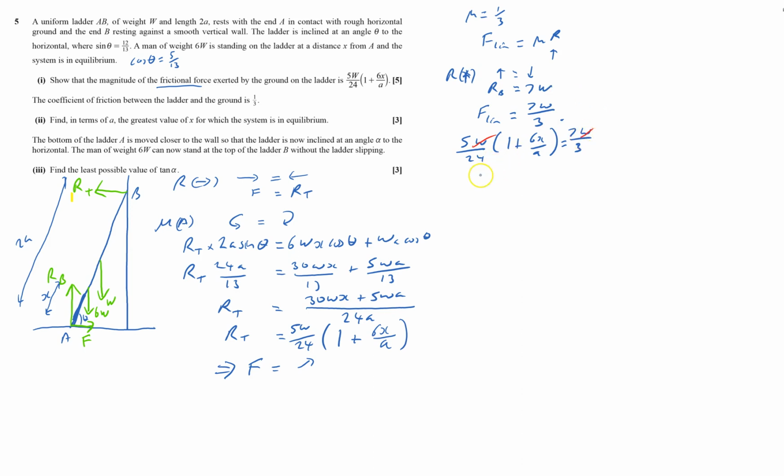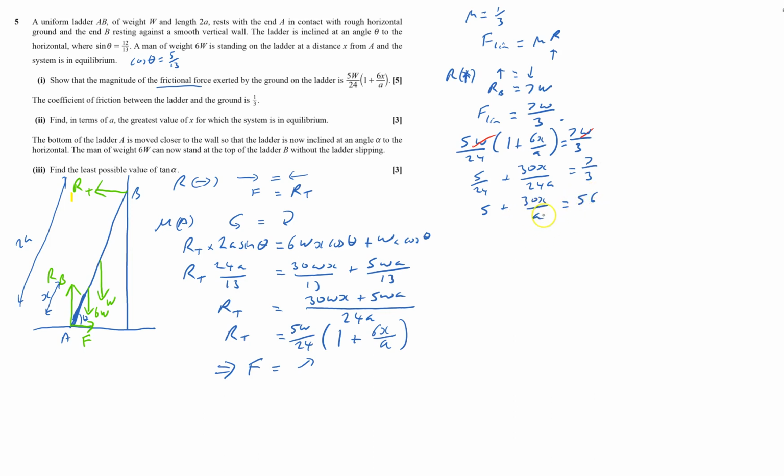And that leaves us with 5/24 plus 30x over 24A equals 7/3. Multiply everything through by 24, so that'll be 5 plus 30x over A equals, times by 24 will be the same as times by 8, 56.